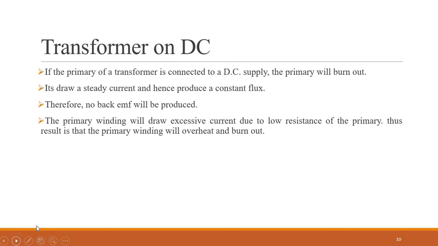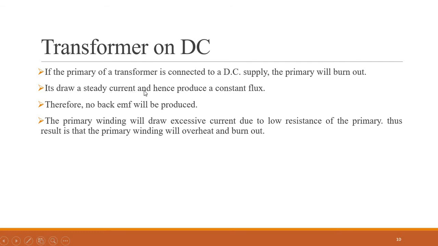Then, a transformer on DC. If the primary of the transformer is connected to a DC supply, the primary will burn out. What is the cause of this if we connect the transformer to a DC supply? Because there is no rate of change of flux.